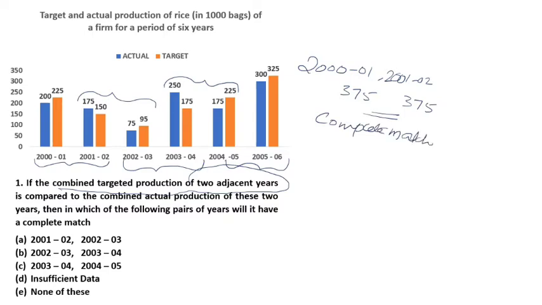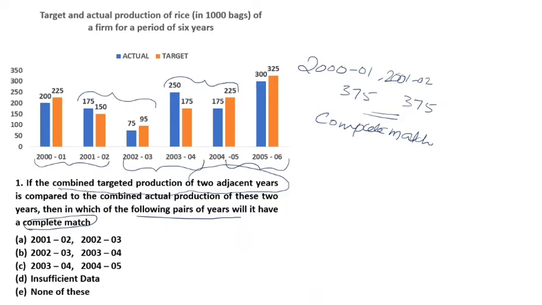Understand it very clearly. What has been asked? The combined targeted production of 2 adjacent years is compared to the combined actual production of these years; in which pair of years will it have a complete match? Complete match means both values have to be the same.